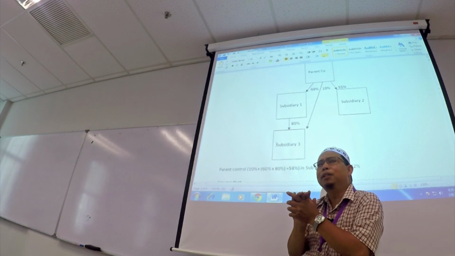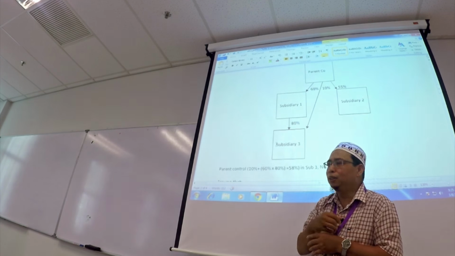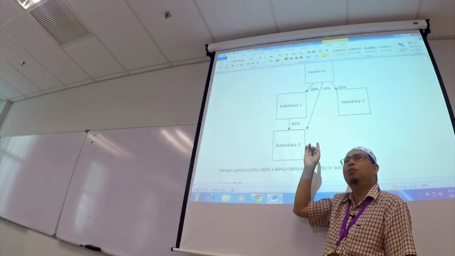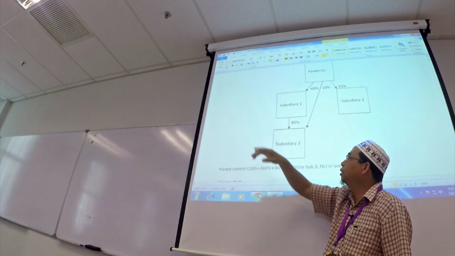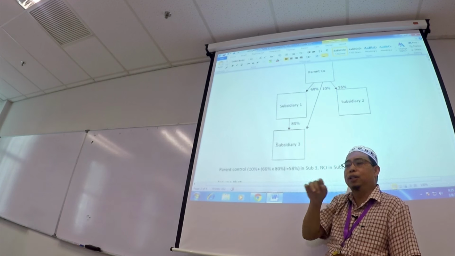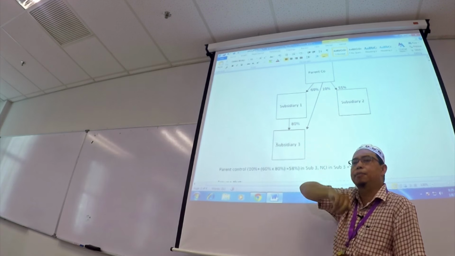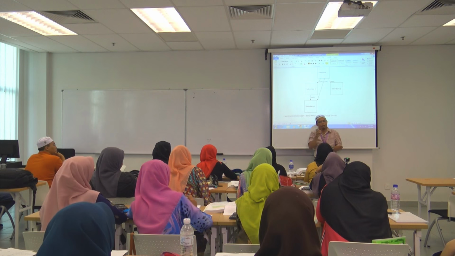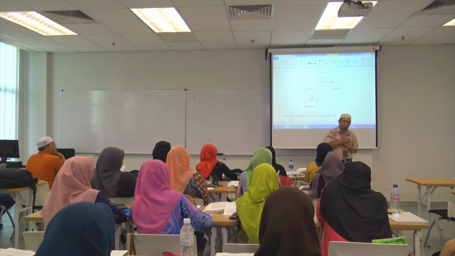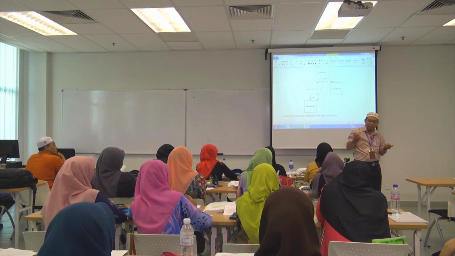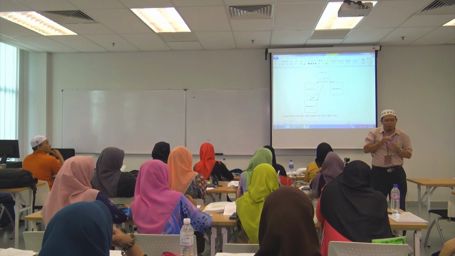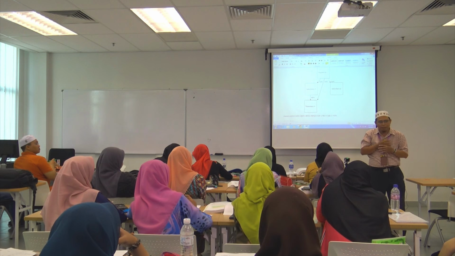Encik parent, please help me pay that 5 million to subsidiary 3. How much do you think the parent will pay to subsidiary 1 to assist subsidiary 1 in acquiring subsidiary 3 for that 5 million? Do you think the parent will pay 5 million? No. Why will the parent not pay that 5 million?